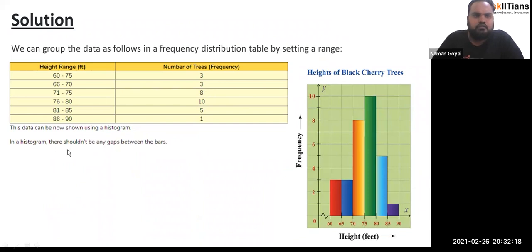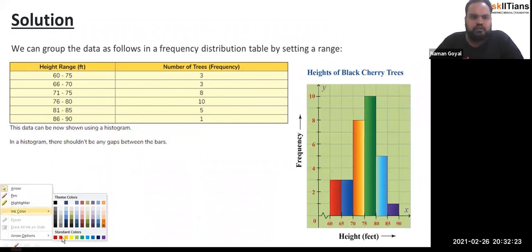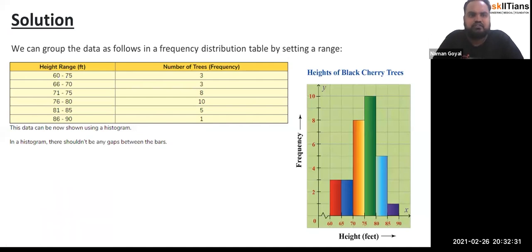So here what we have to do, see, in this question they take the class interval 60 to 65 first of all. Now he includes 65 in this one, then he starts with 66 to 70.